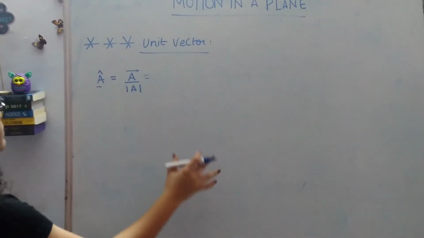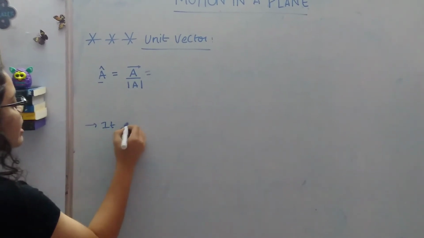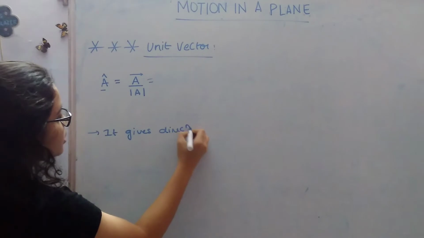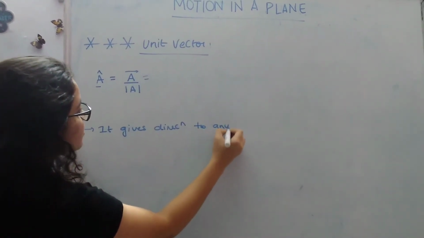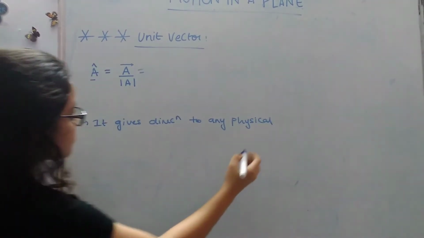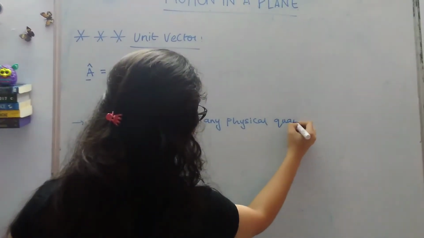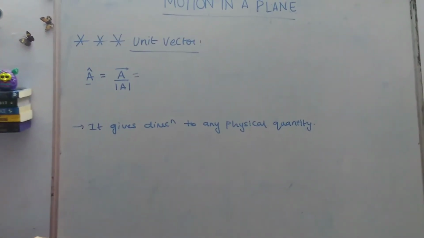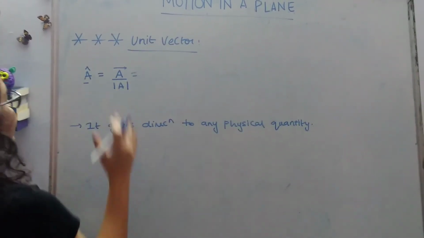It basically gives direction to any physical quantity. So like I said before, a vector is not a vector if it does not have a unit vector.